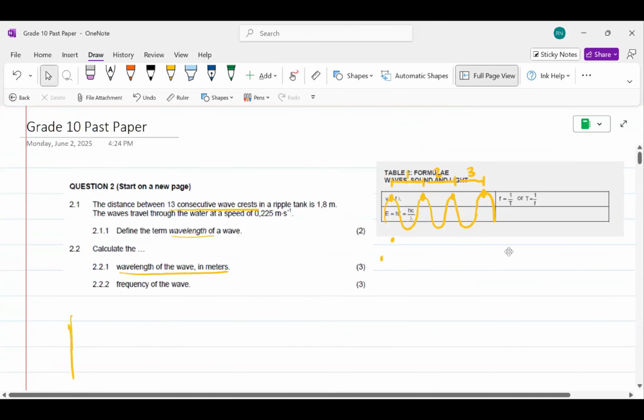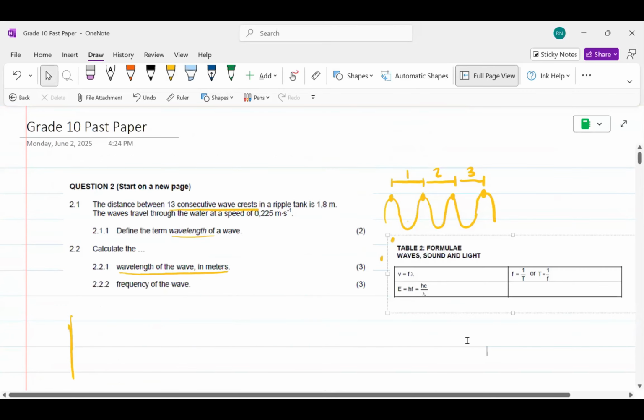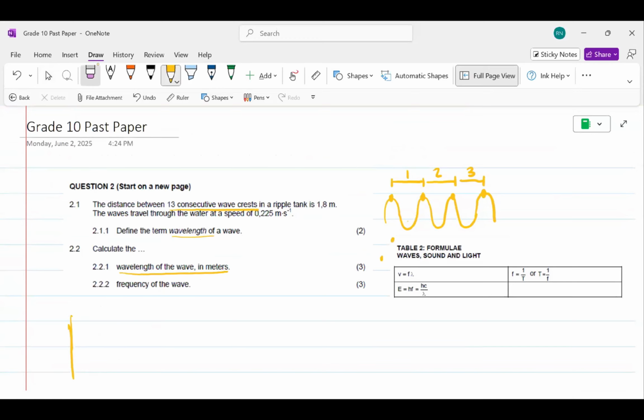These are the formulas that we're given for waves. We have this formula here that says V equals f times lambda: the speed is equal to the frequency times the wavelength.